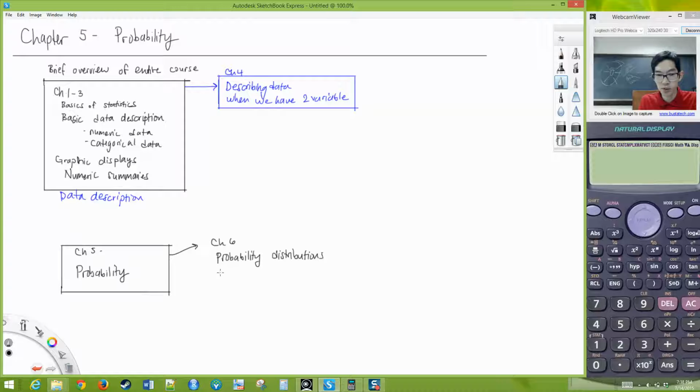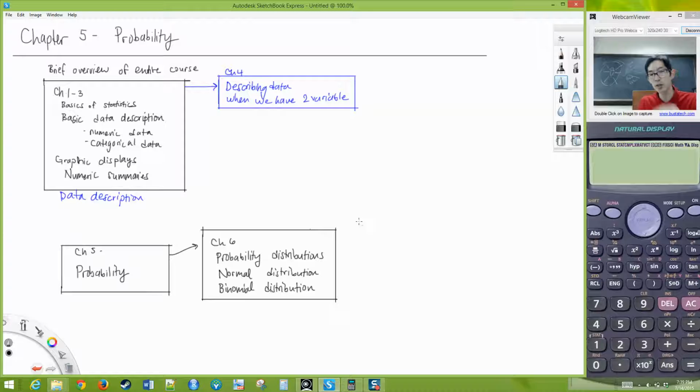In particular, we have what we call the normal distribution. So we will see this next week. And the binomial distribution. So that's chapter 6.